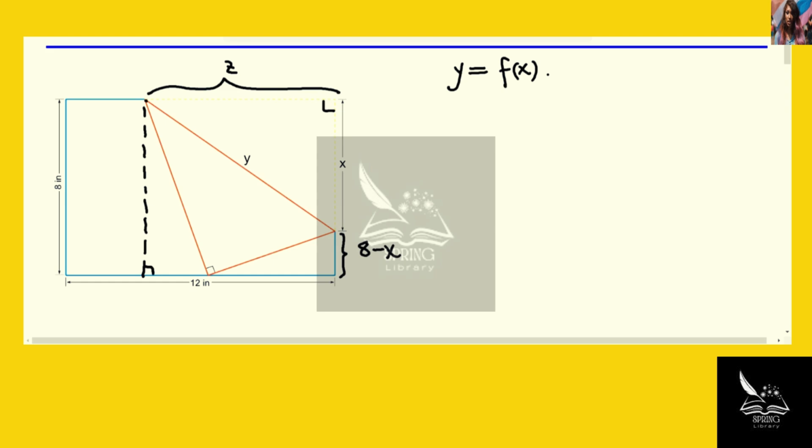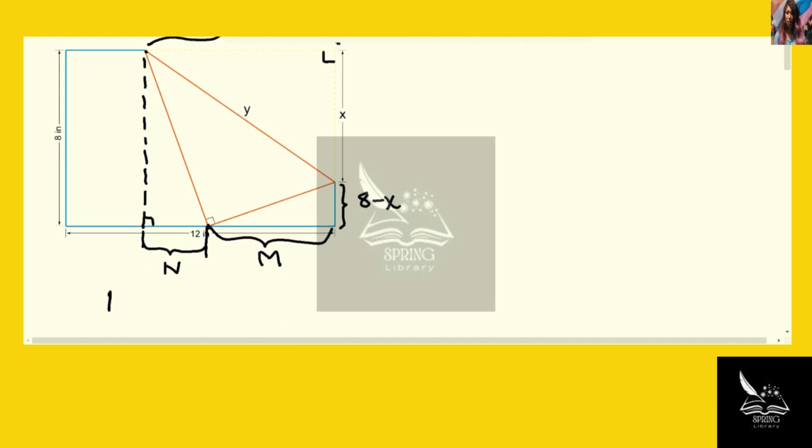I'm going to call this distance from here to this node n, and these other two from this node to the edge of the paper, we are going to call m. And from the figure, it's clear that m plus m is z. This is something that we can see clearly in this figure.